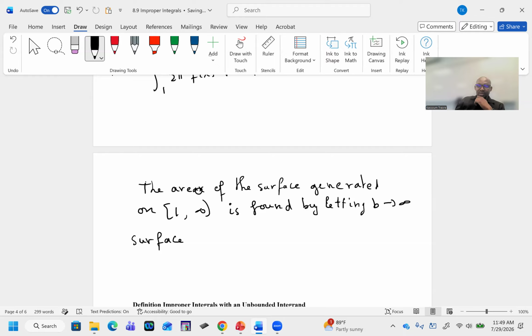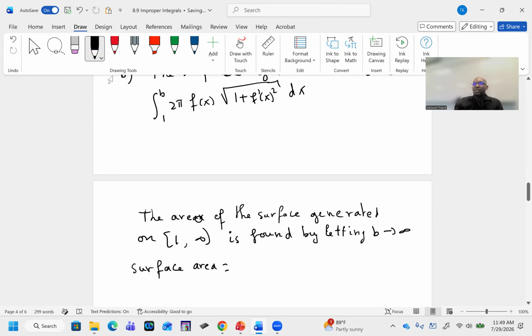So I will write my surface area. My surface area is equal to, 2 pi is a constant, so I will take 2 pi out. The limit as b goes to infinity, the integral from 1 to b of f of x times square root of 1 plus f prime of x squared dx.